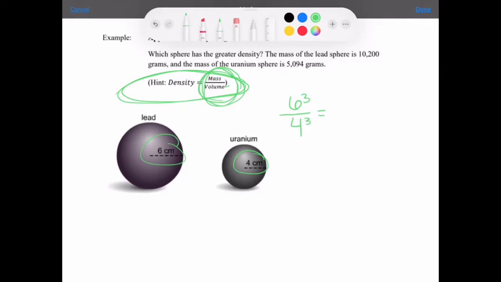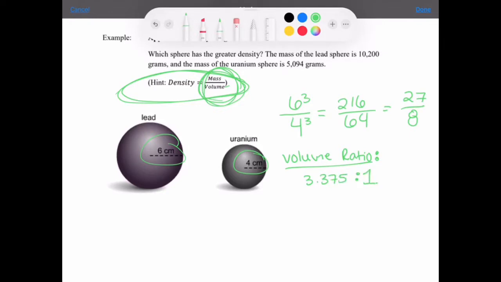And we get a scale factor for the volume to be 216 over 64, which is 27 to 8. So the volume ratio is 3.375 to 1. Okay, because we want it down to a unit rate or a ratio.